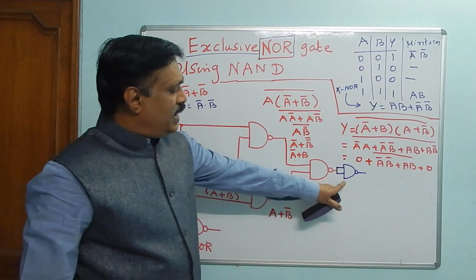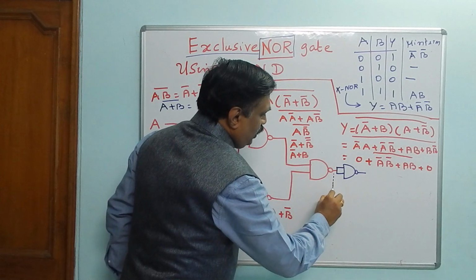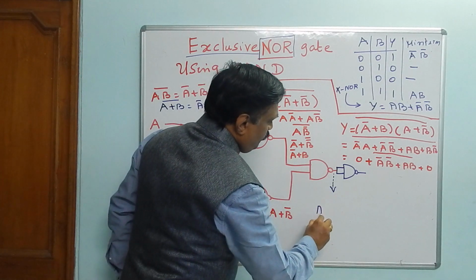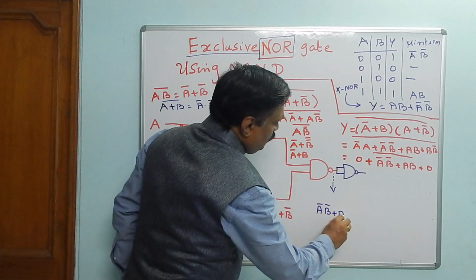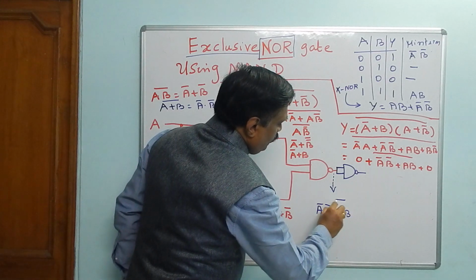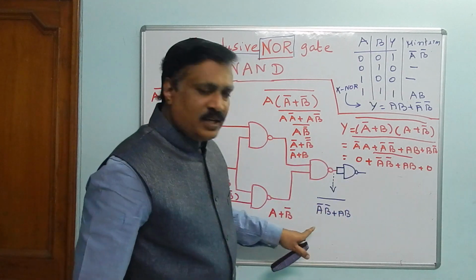If you add this here, up to here you are getting A bar B bar plus AB whole bar. This term you are getting here.